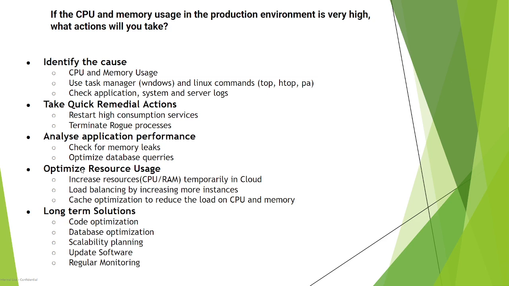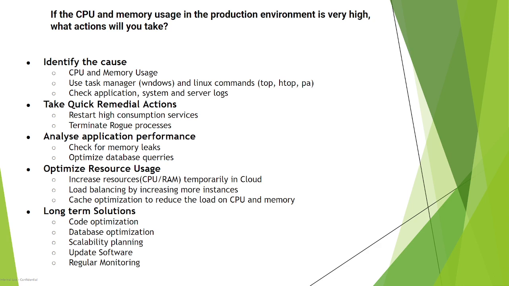So the first question is, if the CPU and memory usage in the production environment is very high, what actions will you take? The basic action is to identify the causes, like how much is the CPU and memory usage.